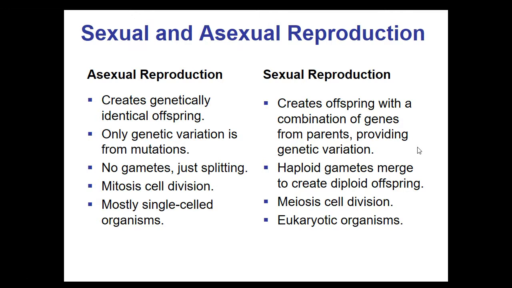There's no sperm or egg involved there. That would be a type of asexual reproduction. If you have a house plant and you want to have another house plant, you could cut a piece of that house plant and plant it in soil, and it might grow into a new plant. That would be a type of asexual reproduction, making a new individual, but there's no sperm or egg, no sex involved there.